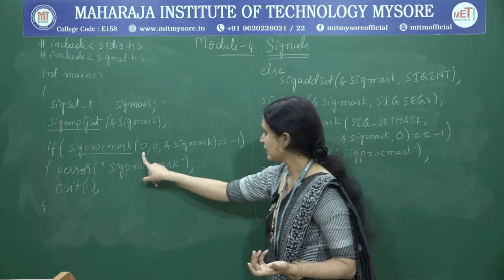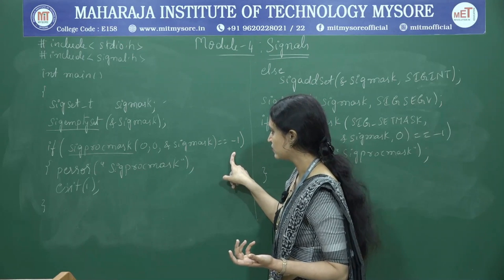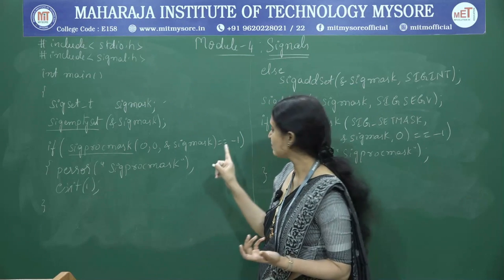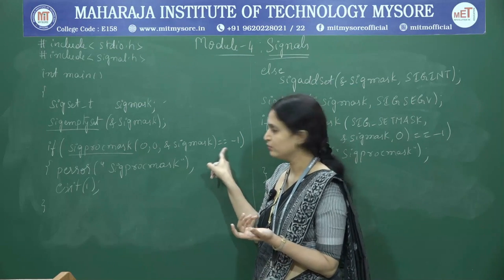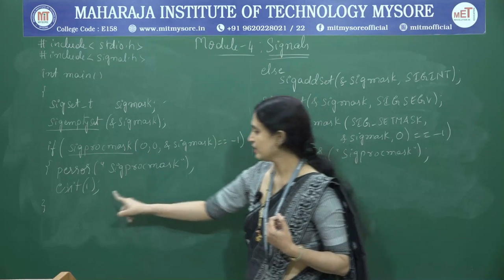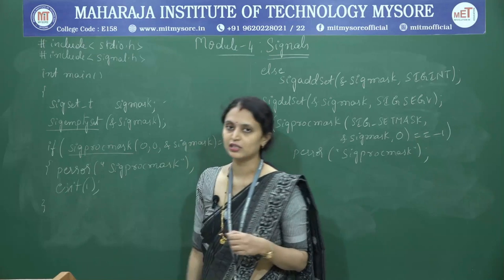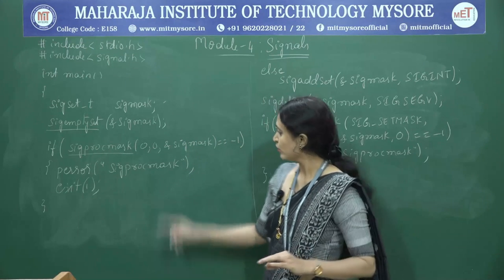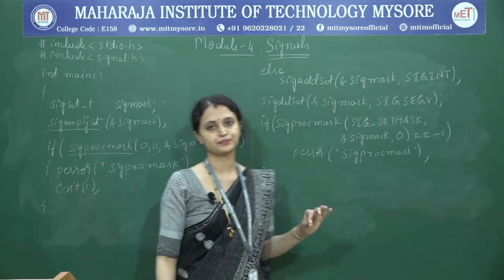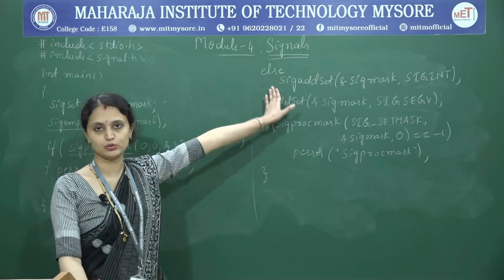If it is executed successfully, then no problem, the control will come here. If it is -1, there is some error. I am just printing that error message by using the perror function, and then exit. I am terminating the program here itself if there is any error. If there is no error, the else part will be executed.